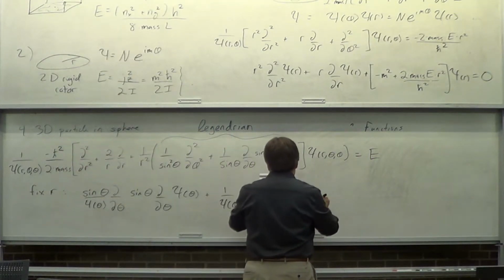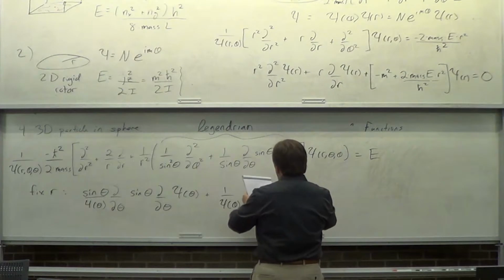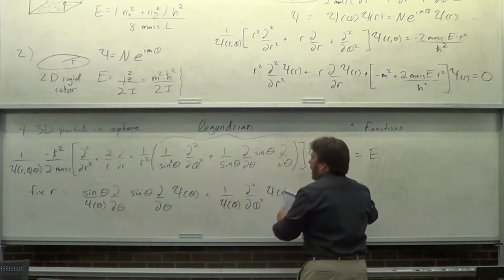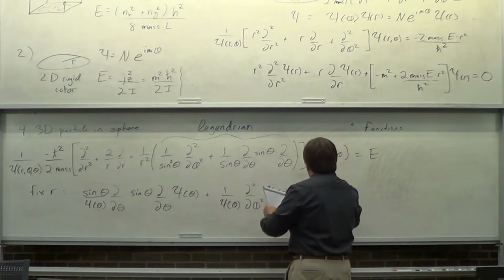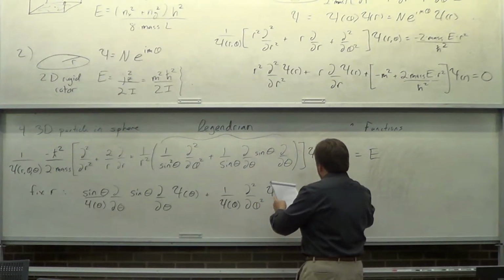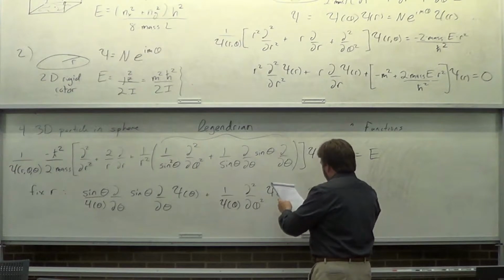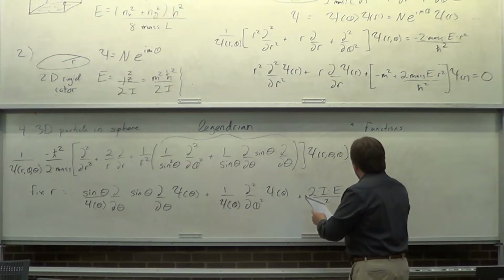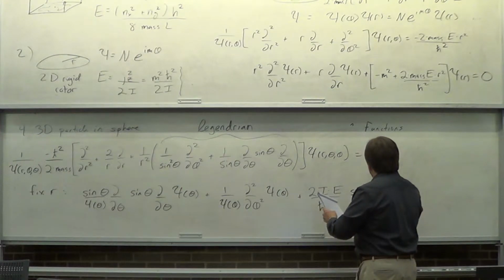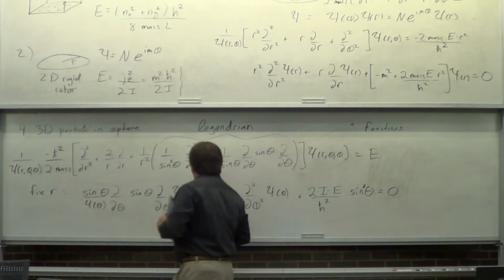Sorry about that, it actually confused me. Now what I can do is, I can't forget my h bar squared, my moment of inertia. There's the sine theta squared again.